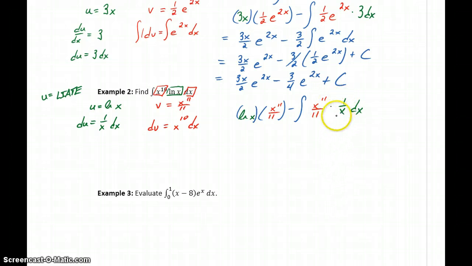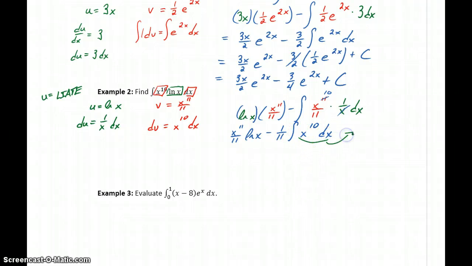So what will happen here is the 1 over x will simplify with one of the x's in the numerator to make that x to the 10th. So we'll get x to the 11th over 11, natural log of x, just reordering the multiplication there, minus 1 over 11 times the integral of x to the 10th dx.